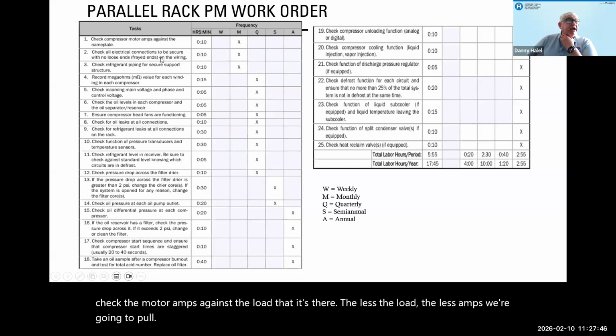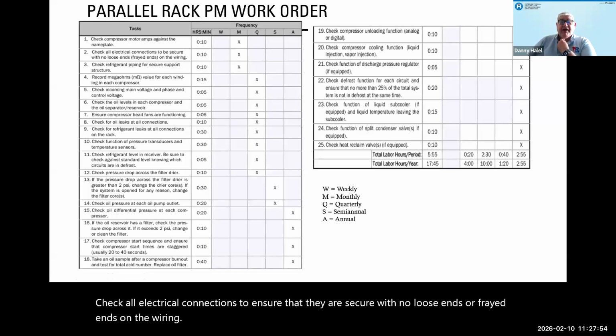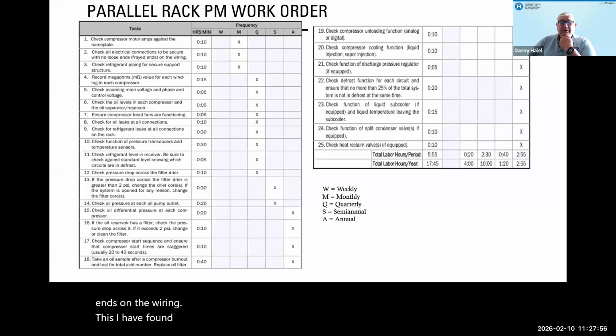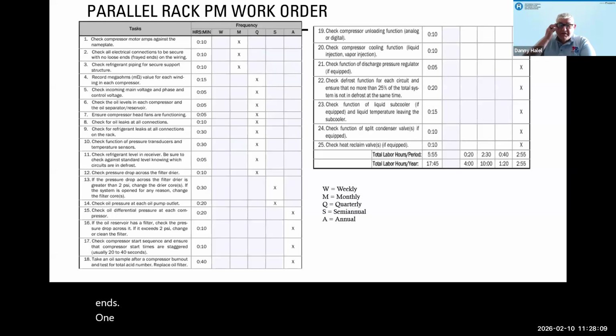Check all electrical connections to ensure that they are secure with no loose ends or frayed ends on the wiring. This I have found to be, I'm not going to call it huge, but it is a very important thing in that when there are frayed ends on stranded wire, they're not underneath the screw holding it in place.